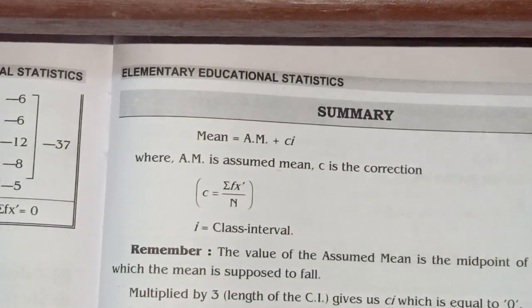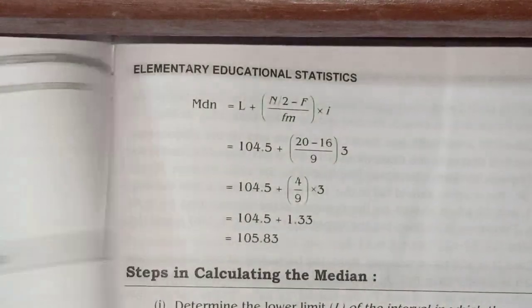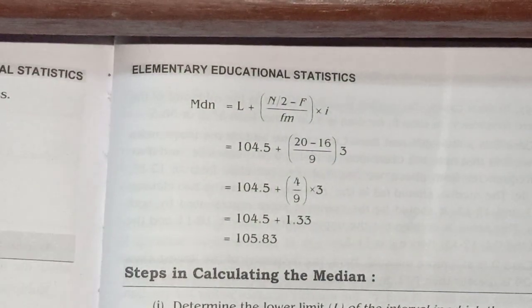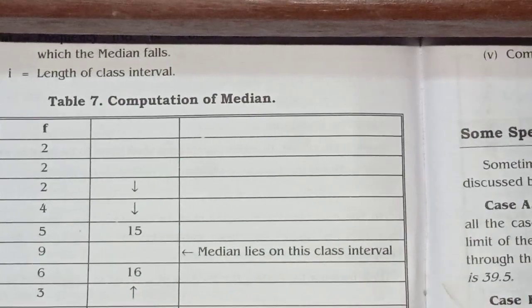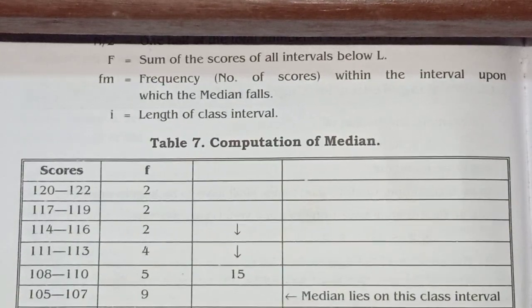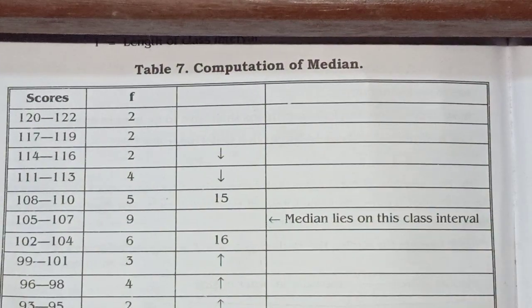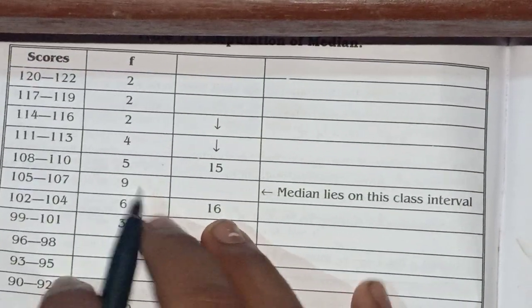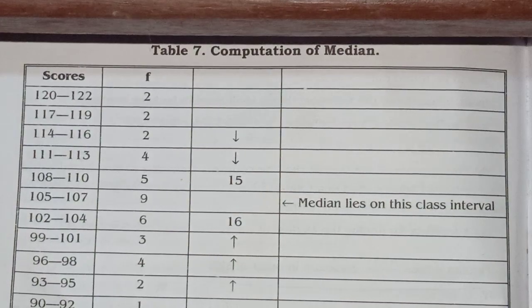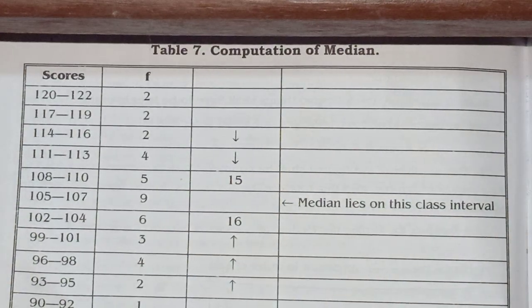So if a class interval is given, what will we do? If a class interval is given, the formula will be a little different. Here the class interval is given, the whole data is given, frequency is given, all these things are given. What is L?